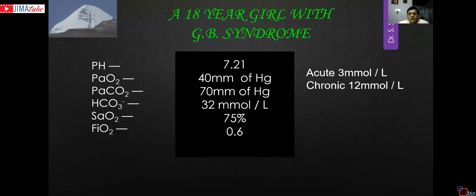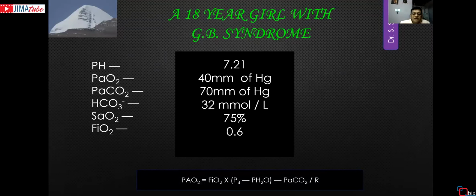So there should be respiratory acidosis along with metabolic acidosis, and her pH is also in favor of the second condition. So history is very important. Duration of illness is very important for assessing the ABG report. But more than that, what is important here is the alveolar arterial oxygen gradient.